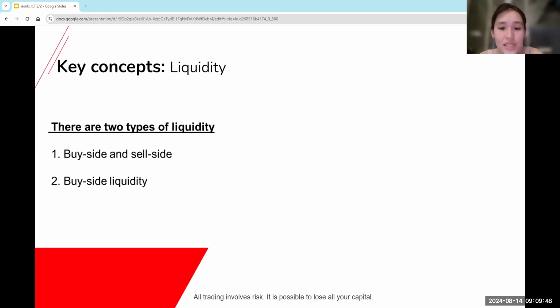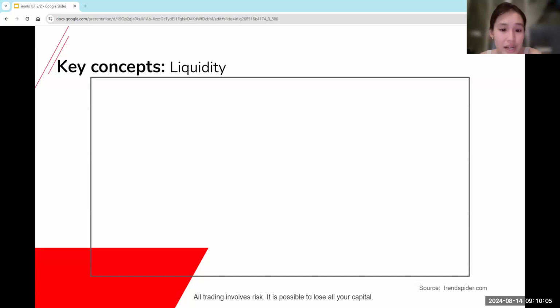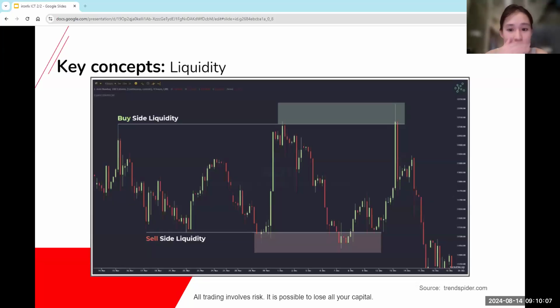It represents a level on the chart where long buyers will place their stops. In both cases, these levels are often found at or near extremes, at the tops or bottoms of the ranges, and are often viewed as areas where traders are proven wrong and therefore will want to get out of their trades. So this is an example.